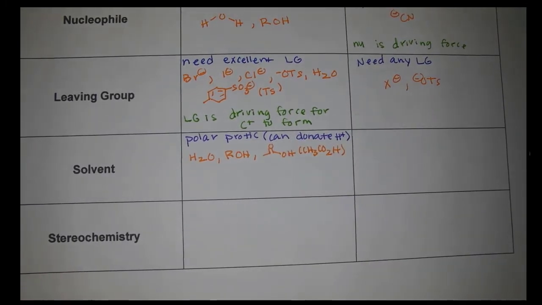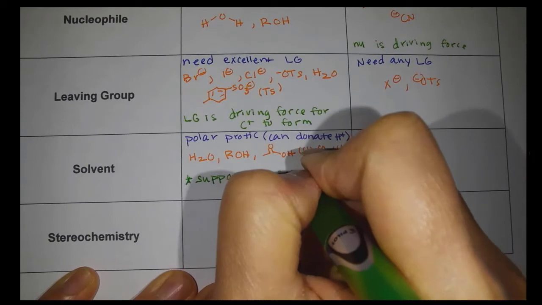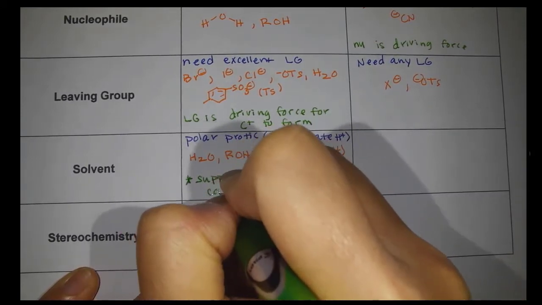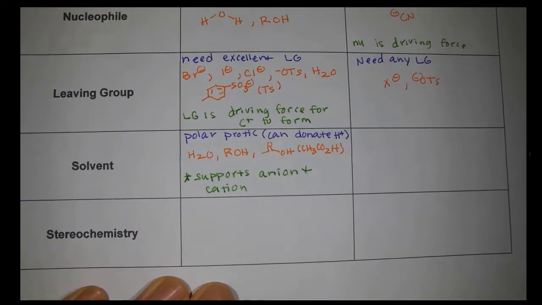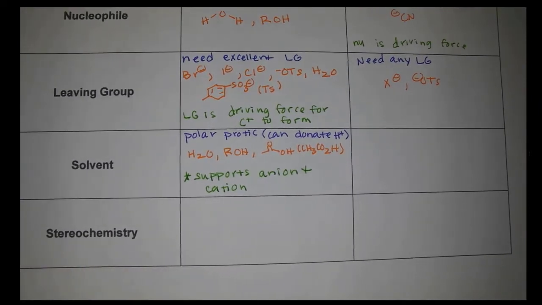That's also the component in vinegar. This solvent will support an anion and a cation. So when the leaving group leaves, that solvent is going to stabilize the positive electrophile, and it will also stabilize the nucleophile.